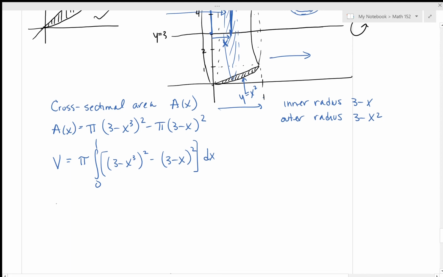Let me just put in a couple of the extra steps here. That is going to be 0 to 1. I expand 3 minus x cubed squared, and I get 9 minus 6x cubed plus x to the 6. And then I subtract and I expand that one there, and I get 9 minus 6x plus x squared.